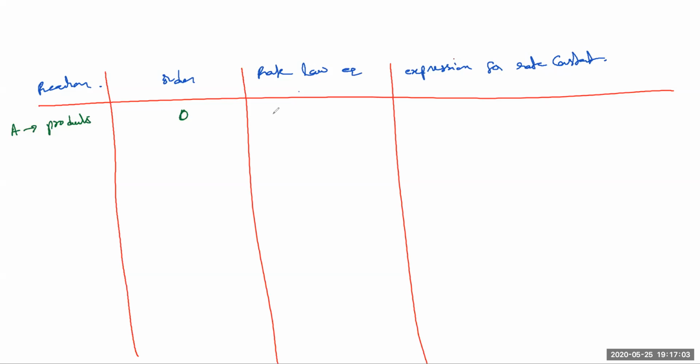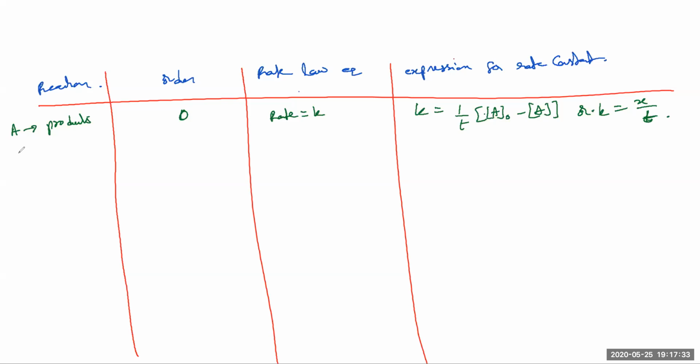Then the rate is equal to k only, or the rate constant k is equal to 1 by t into the initial concentration A naught minus the concentration at time t. Or simply, k is equal to x by t. We derived this integrated equation.